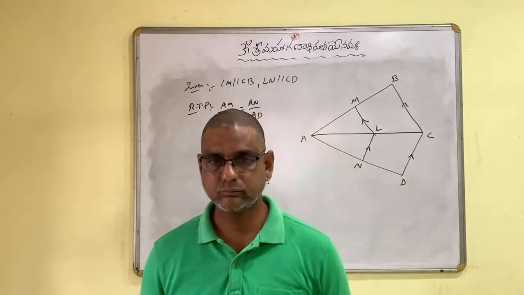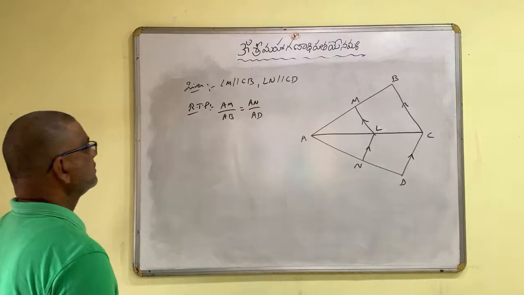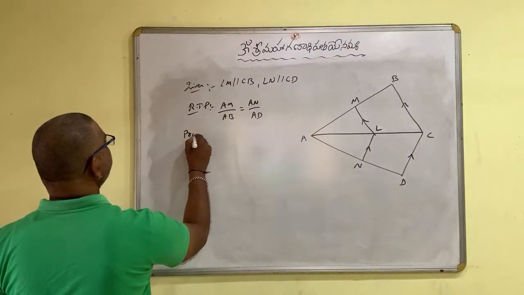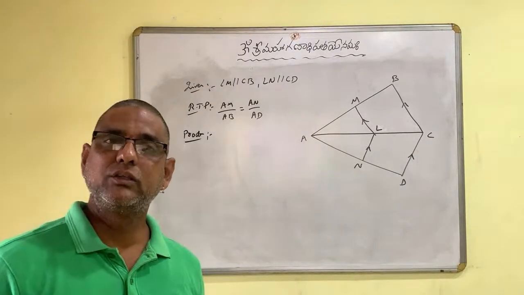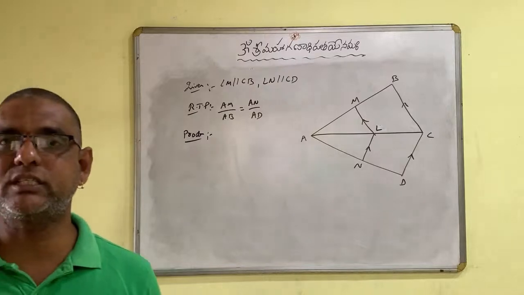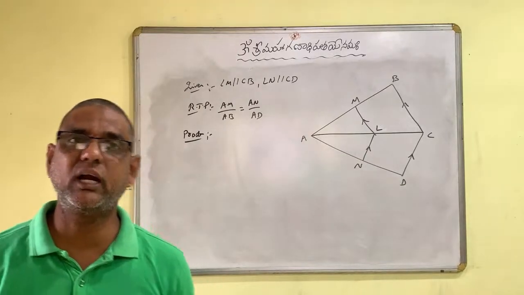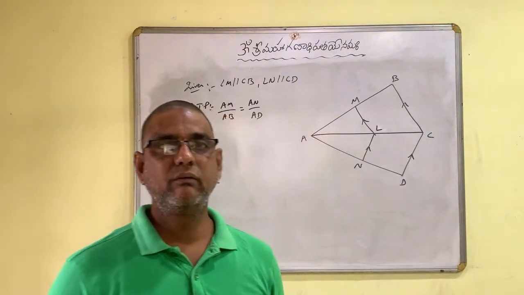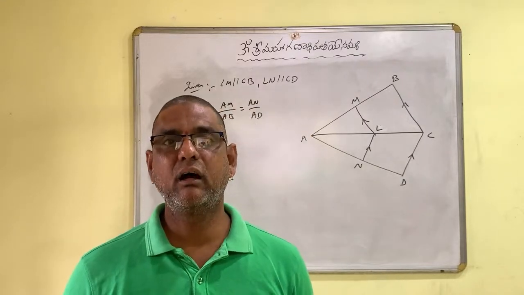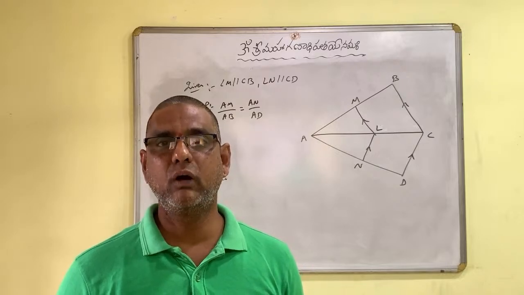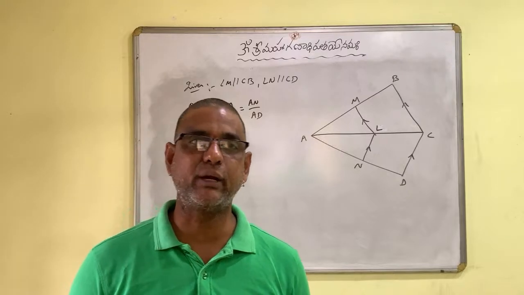Now, proof. Since this exercise 6.2 is totally based on basic proportionality theorem, we need to search for a triangle where a line is drawn parallel to one side of the triangle and intersecting the other two sides at distinct points.